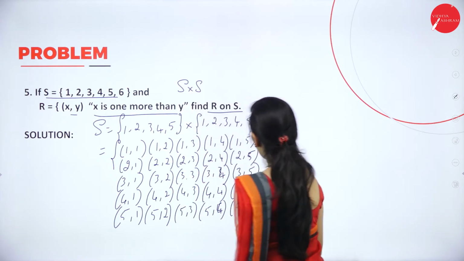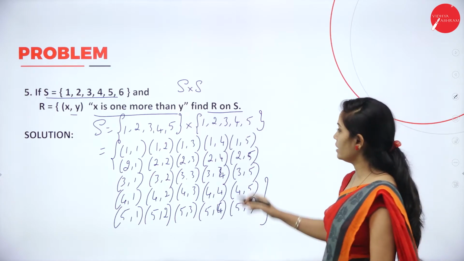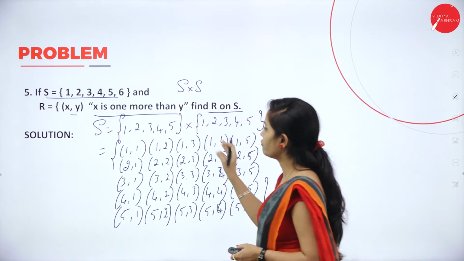So these are your ordered pairs. So first find S cross S, then you can find the relation.